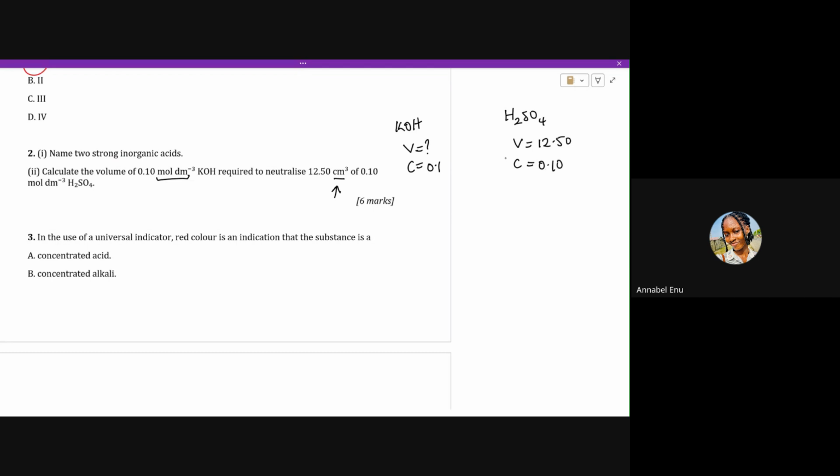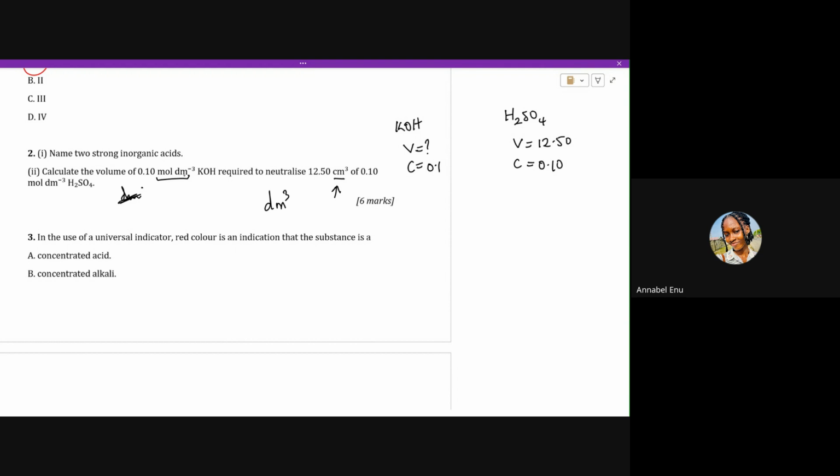Now, if you notice, the units are contradicting. But since we're looking for volume, and they didn't tell us our answer should be in dm cube, otherwise naturally we are supposed to convert our volume to decimeters cube so that everything will be uniform, since our concentration is also in decimeters cube.